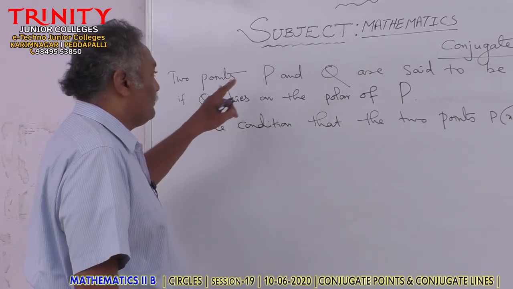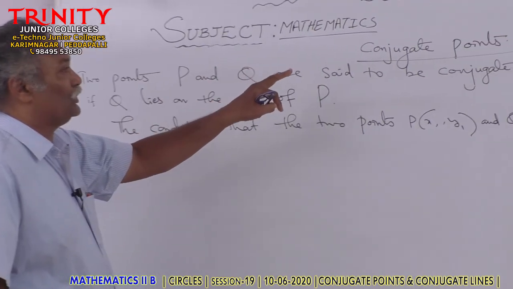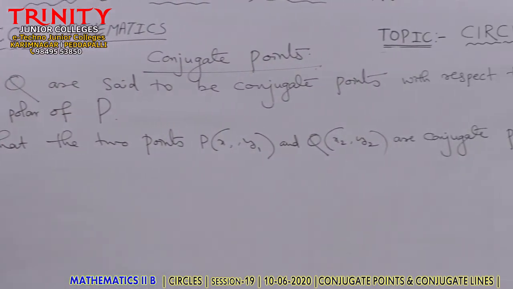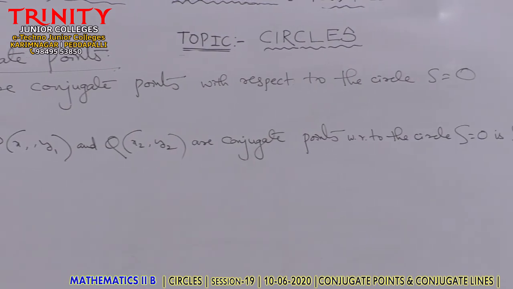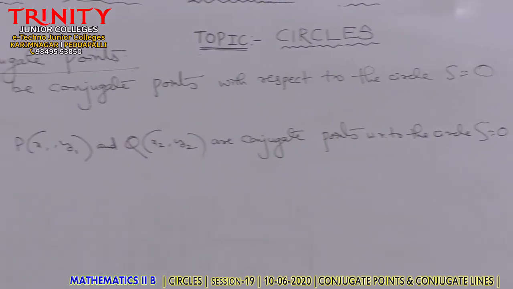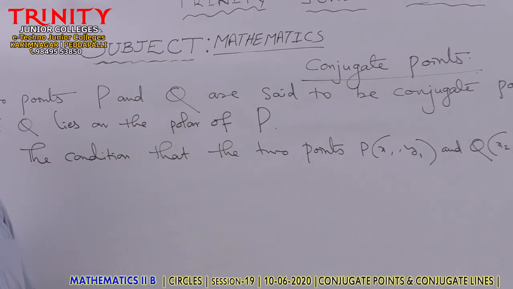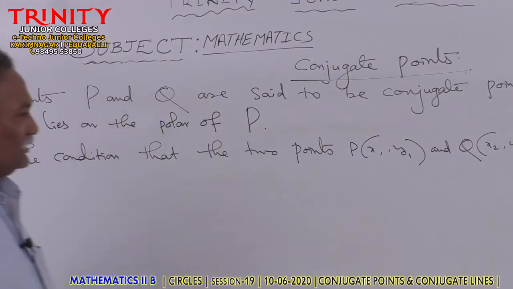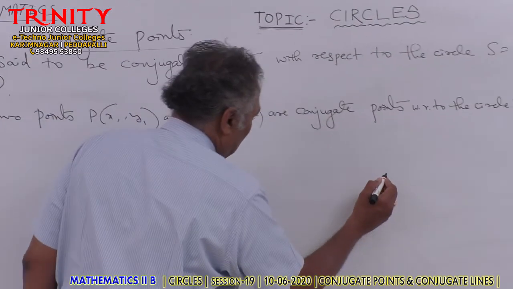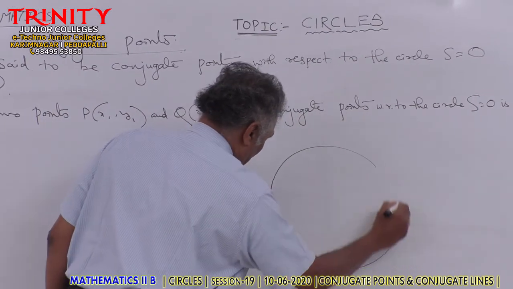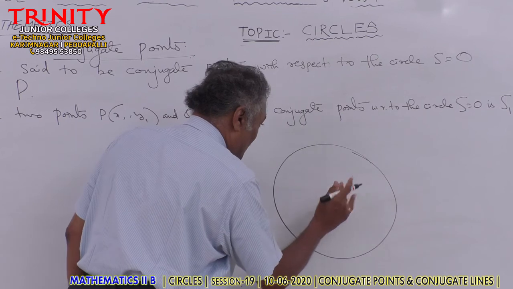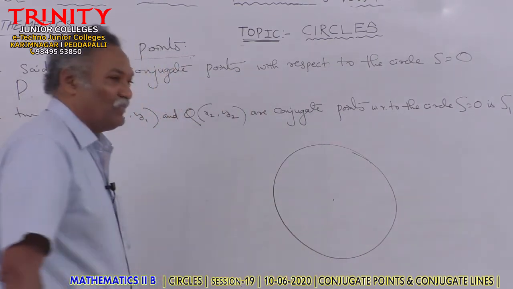Two points P and Q are said to be conjugate points with respect to the circle S equal to 0 if Q lies on the polar of P. See here, it is a circle. Its equation is S equal to 0.